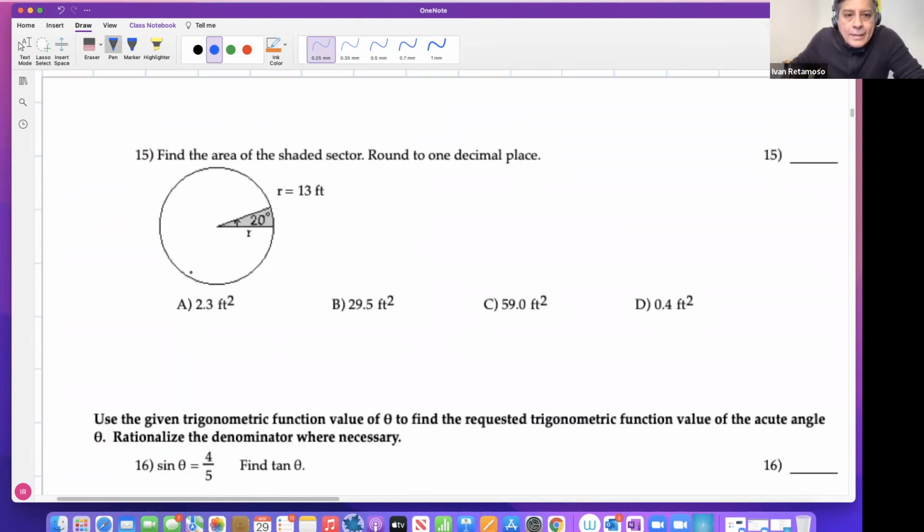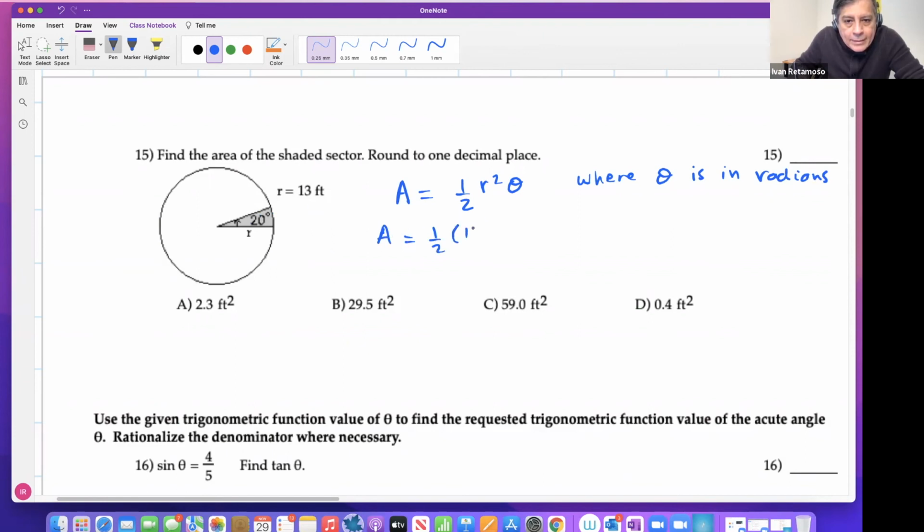Now let's go to number 15. Find the area of the shaded sector, rounding to 1 decimal place now. All right, so again, area equals 1/2 R squared theta, where theta is in radians. Don't forget. Then area will be equal to 1/2 times r.